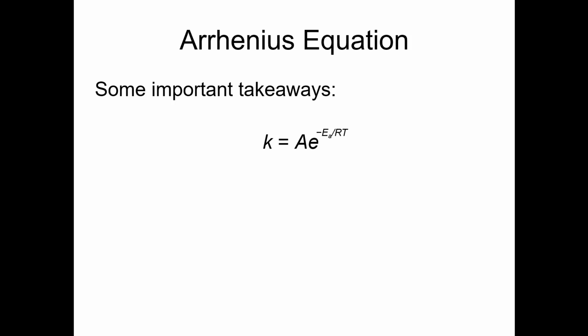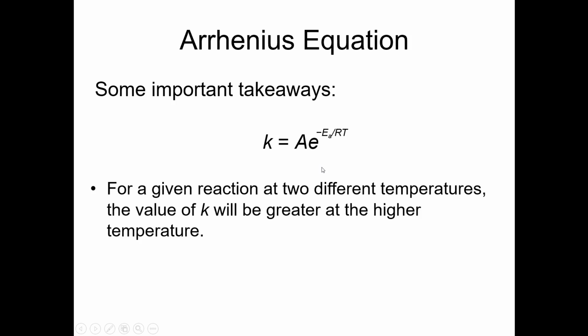Let me just give you some simple important takeaways from the Arrhenius equation. For a given reaction at two different temperatures, the value of k is going to be greater at the higher temperature. I was just talking through that earlier with that fraction. As temperature increases, the magnitude of this exponent decreases.